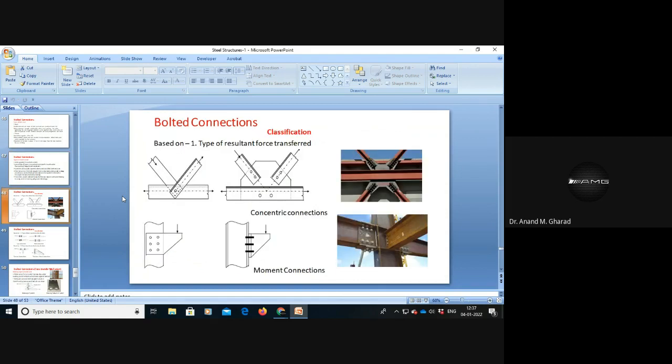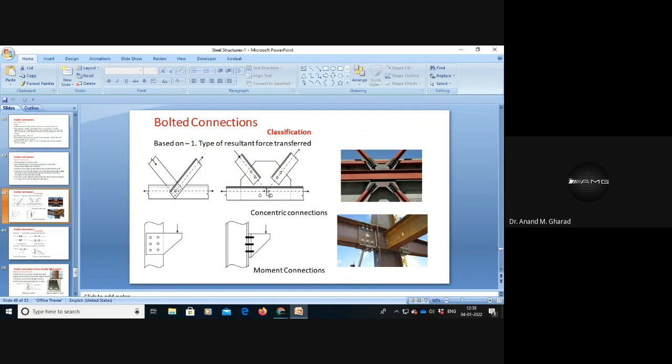So we saw such different types of connections, and these connections are again classified, and classification is again based on the behavior of that connection. So depending on different behavior, as you can see, these are the concentric connections. We assume that all the forces are passing through the same point as shown in this figure.